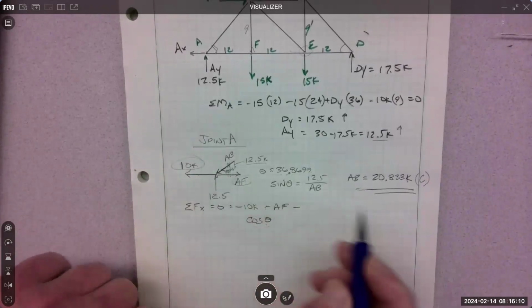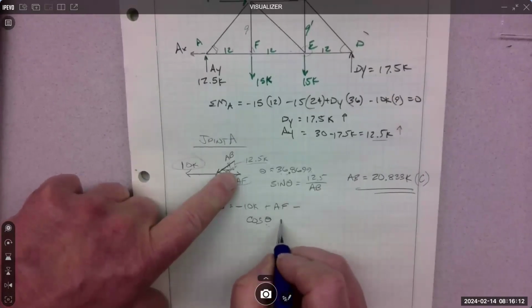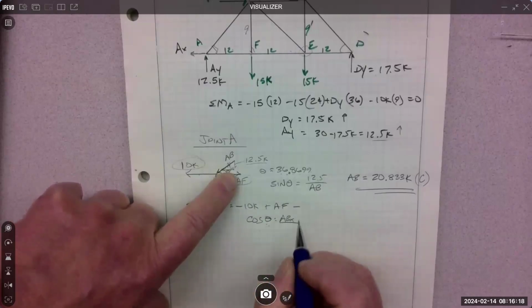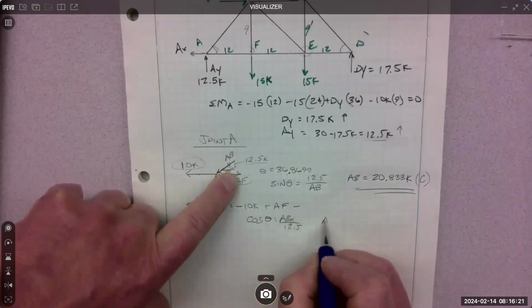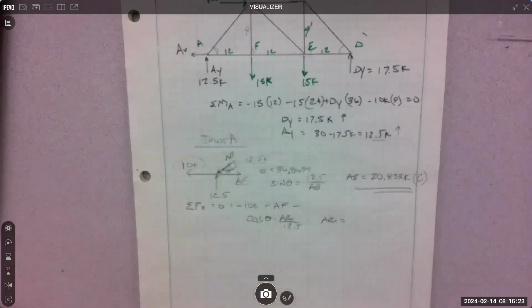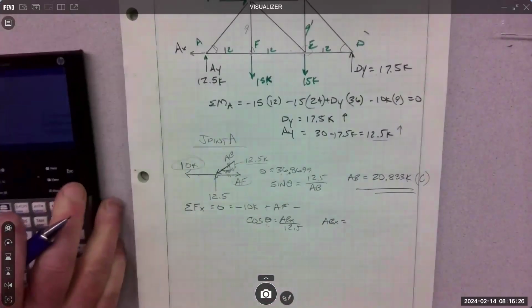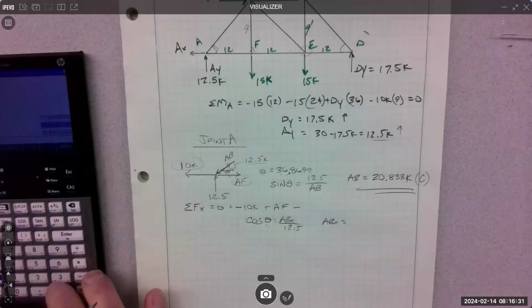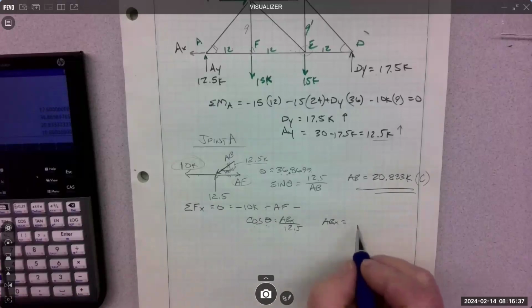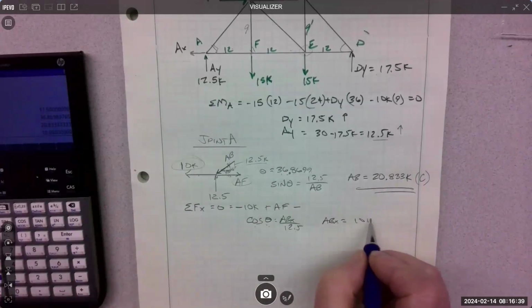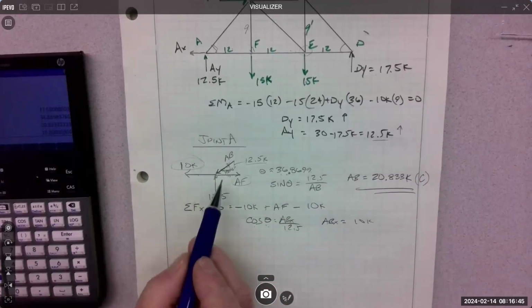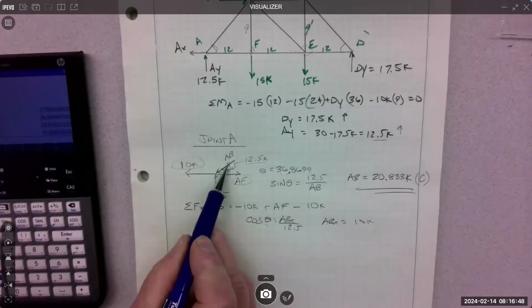So cosine theta is ABX over 12.5, so ABX equals, I'm gonna crunch that number, 12.5 times the cosine of theta. That's 10. Okay, so that goes in my equation, 10K. That's this little guy, this component of AB.